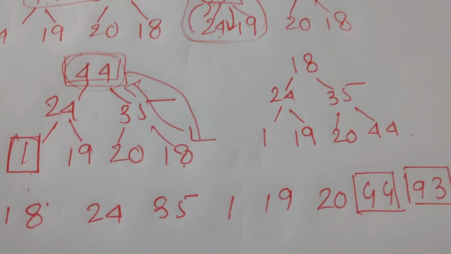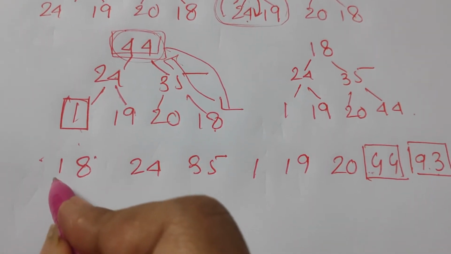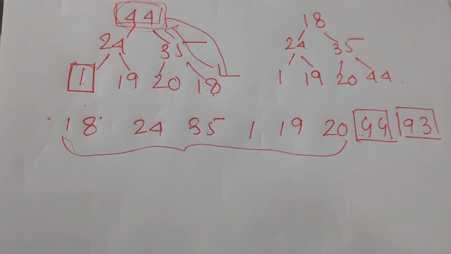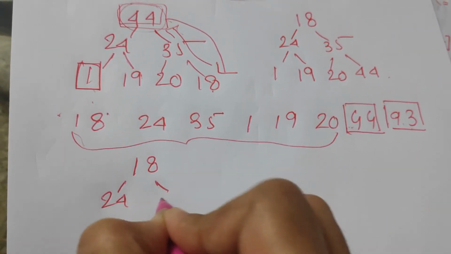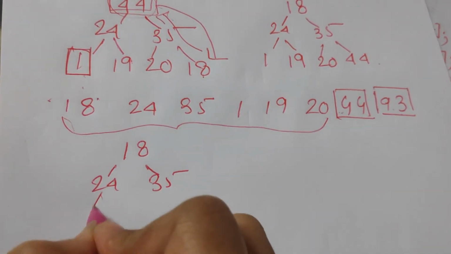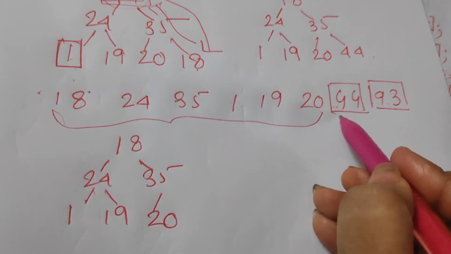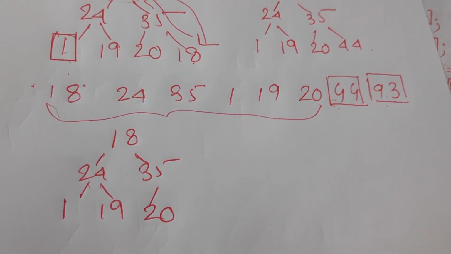So again we will leave these 2 nodes and we will again start off with the heap for these 5 nodes. So 18, 24, 35, 1, 19 and 20. We will leave out 44 and 93 because that is already sorted.